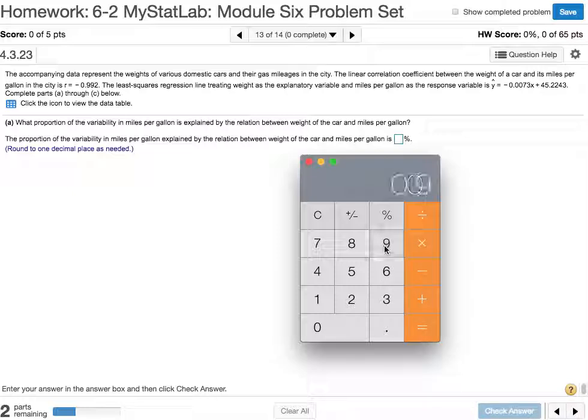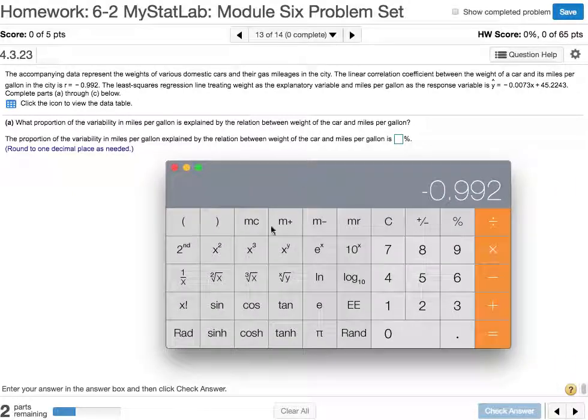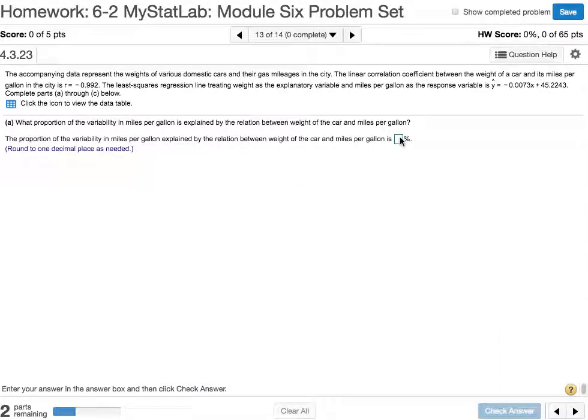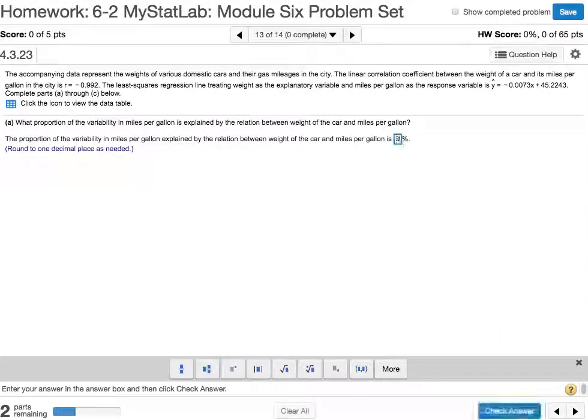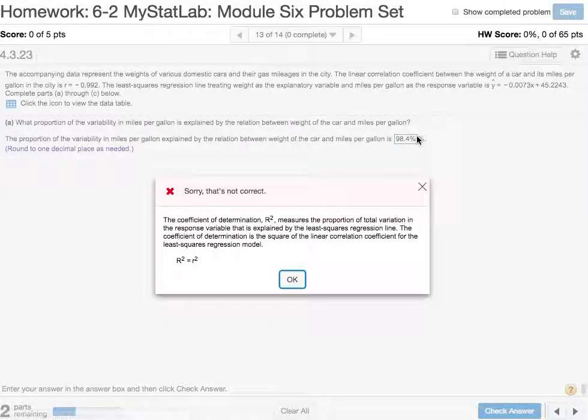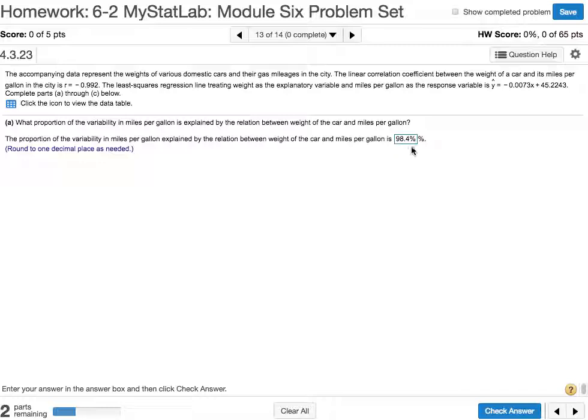So we've got 0.992, and it's negative, and then I need to square it, and I'm coming up with 98.4%. I put that percent sign in there.